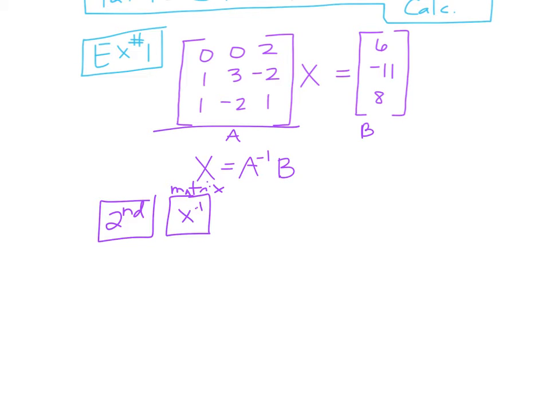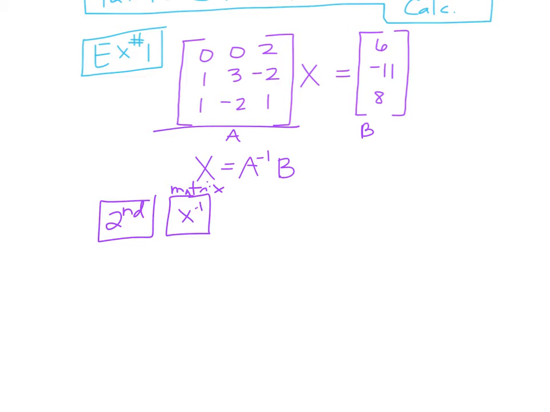So you're going to type in 3, enter, 3, enter. And now you'll put in all your numbers. 0, enter, 2, 1, 3, -2, 1, -2, and 1. Okay, then go second quit, or second mode, which will quit out of there.